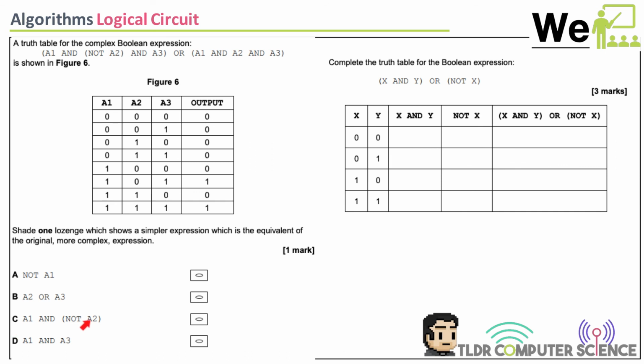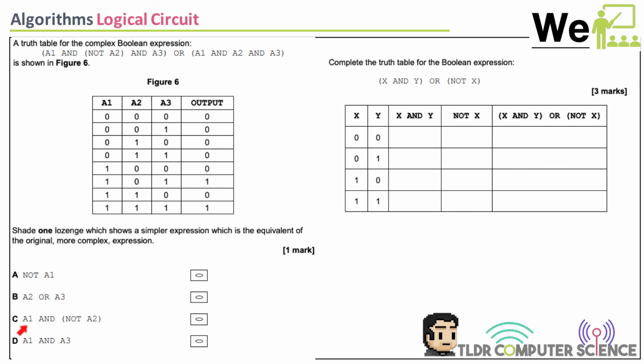Let's evaluate C. A1 and not A2. So A1 here is 0. What was the one condition with an AND gate when it was actually on? For an AND gate, if both the inputs are 1, the output should be 1.